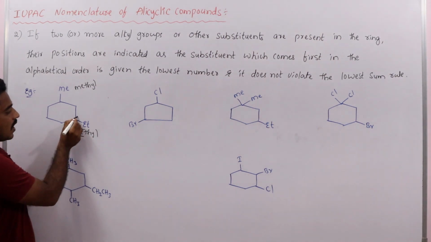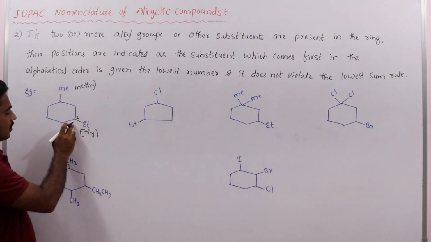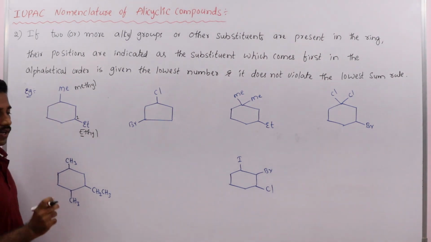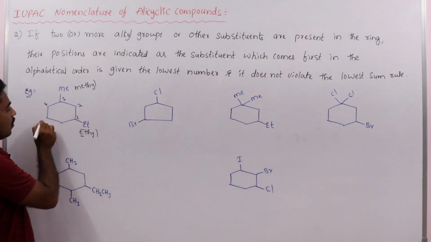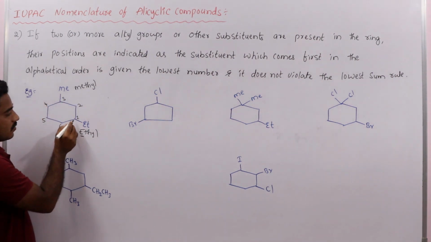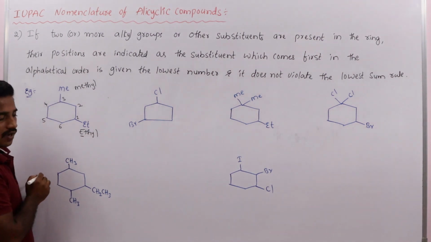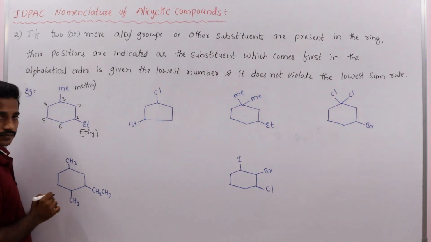That's why here we have to start the numbering. Then we have to go through this side or this side. Next substituent should get the least number. Let's say 1, 2, 3, 4, 5, 6. If you give it like this, the methyl position gets 6. So that's why we go like this: 1, 2, 3, 4, 5, 6.